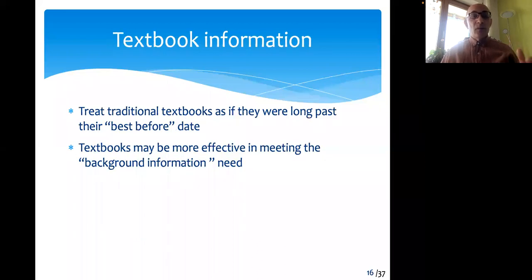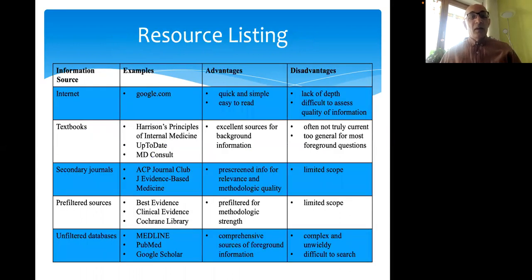Whereas in textbook information, you find usually not so up-to-date, not so recent information, and therefore they are more suitable for background information.